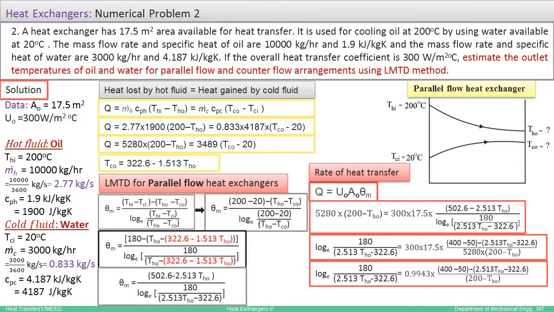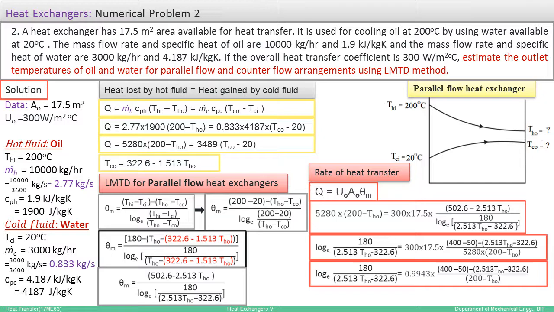Now what we have to try is, by trial and error, put in some value of THO. The possible values you can start with are between 20 and 200 degrees Celsius.